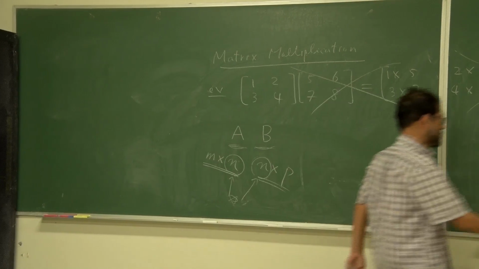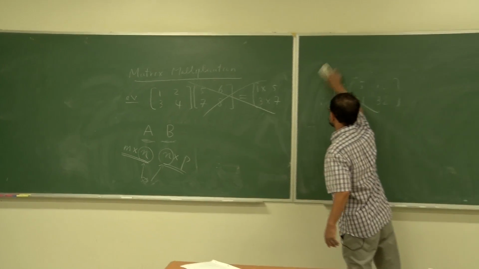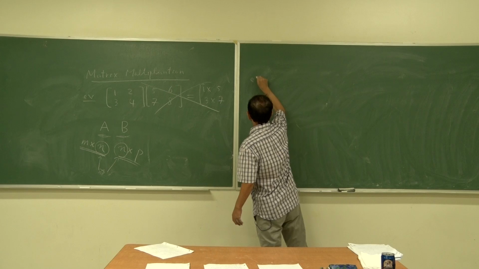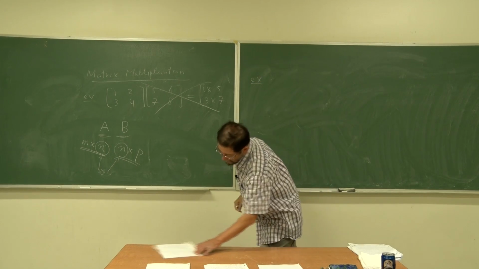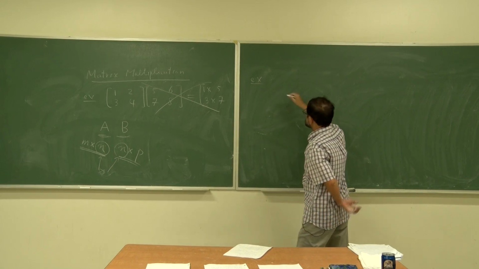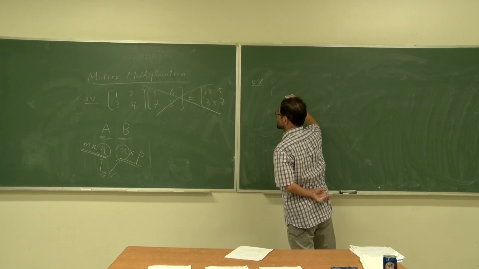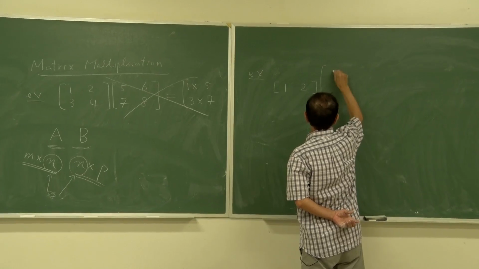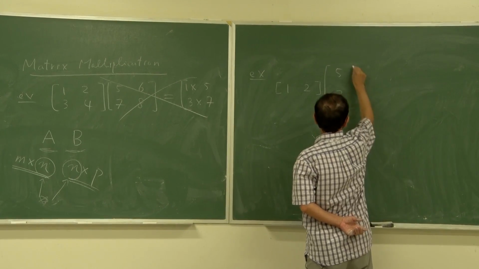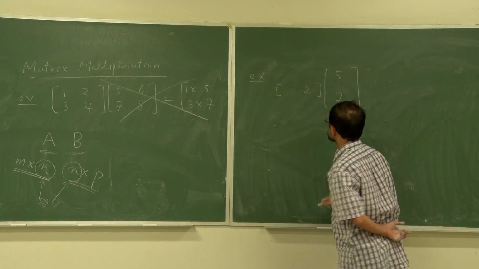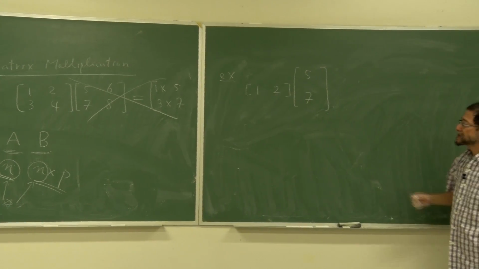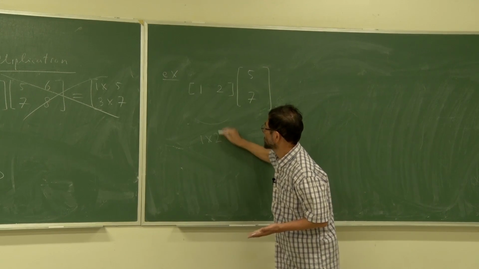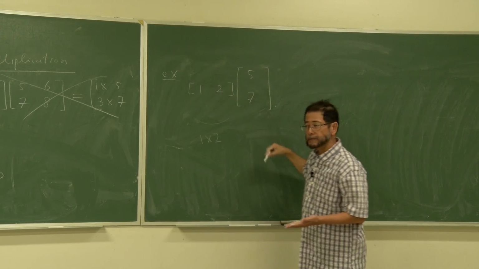So let me start from an easy example. So for example, 1, 2 times 5, 7. This matrix is 1 by 2, one row and two columns.